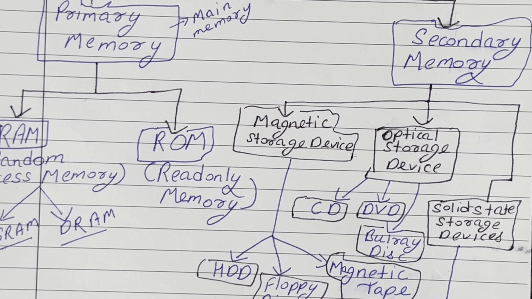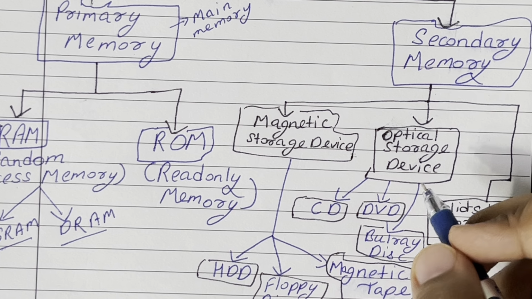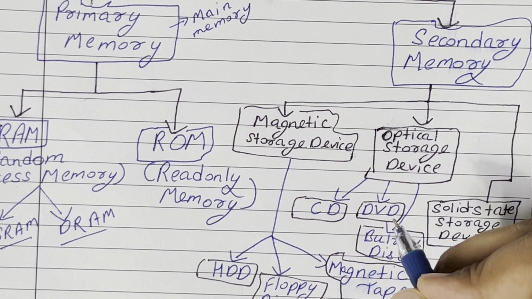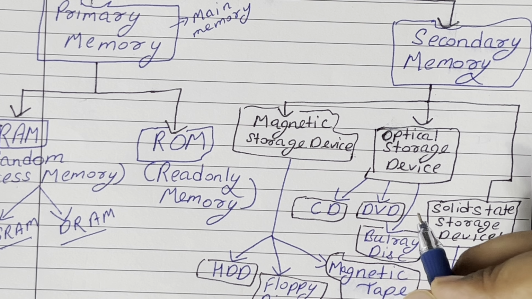During the reading process, a laser beam is directed onto the disk surface. The laser detects the difference between pits and lands and then converts these patterns into binary data, 0 and 1, which the computer can understand.